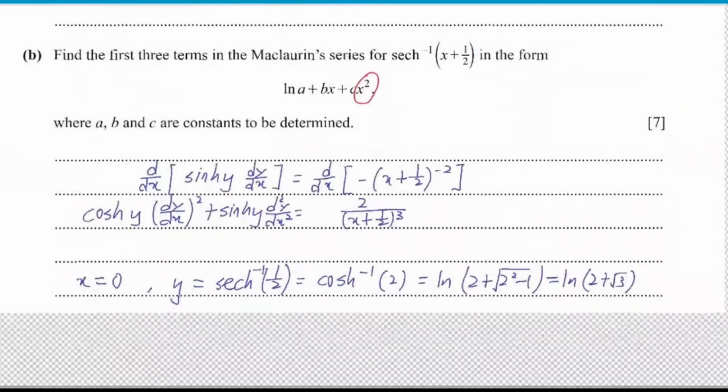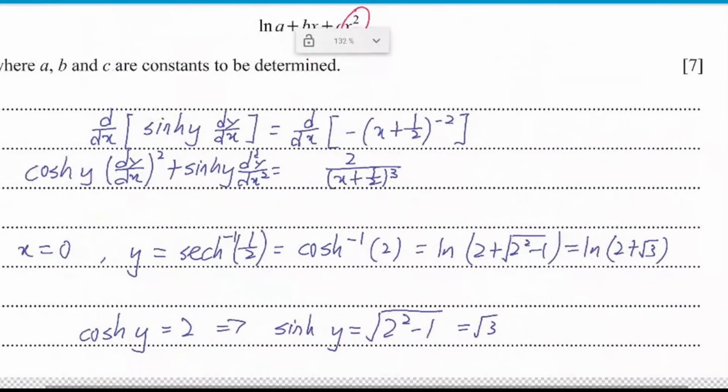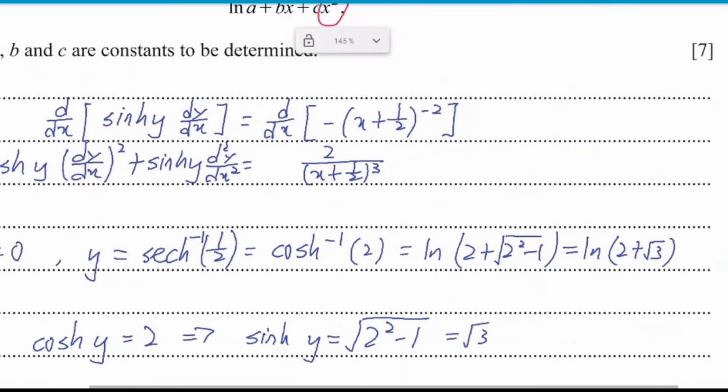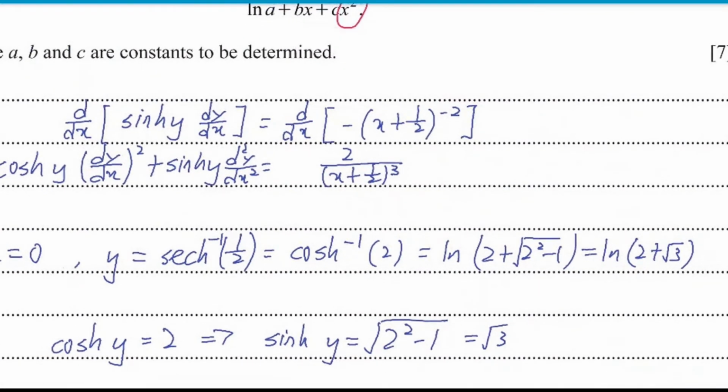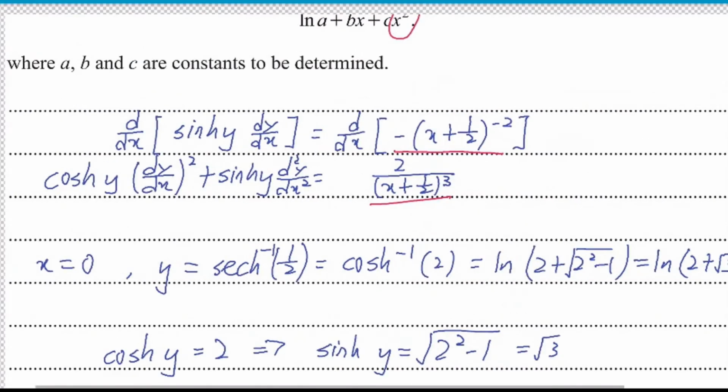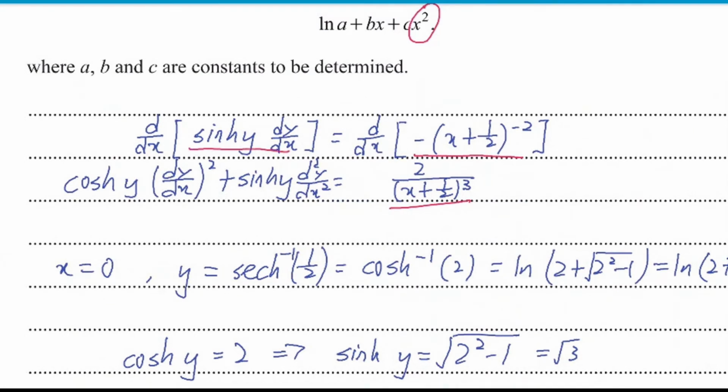So we don't necessarily need to have d squared y dx squared as the subject there, as long as it is there in the equation. So we start differentiating the relationship just now. Right hand side, not difficult to differentiate. Left hand side, we have to use the product rule.